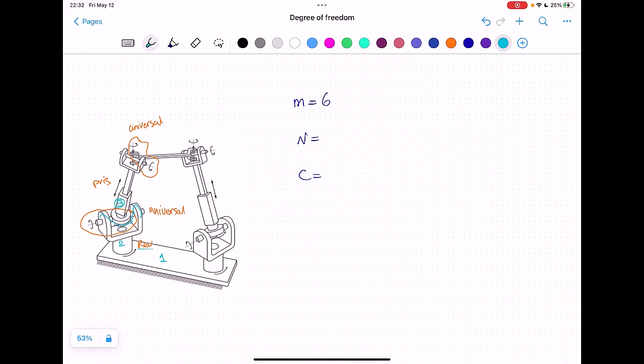So here we have our third link, and our third link is connected with a prismatic joint to another link.